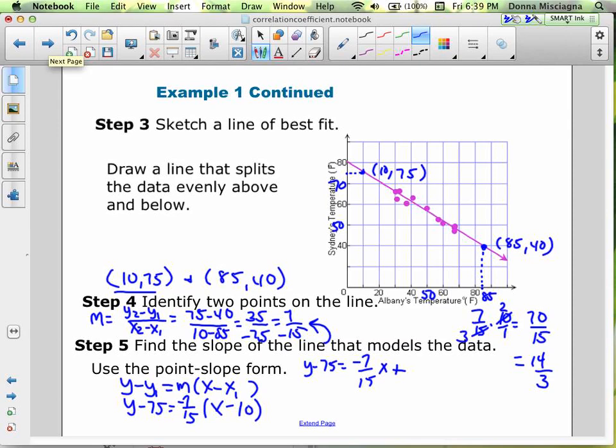All right, so we have y minus 75 is equal to negative 7/15 x plus 14/3. If I want to add 75 to 14/3, I have to change that to thirds. If the denominator is 3, I need to multiply the numerator by 3, right?